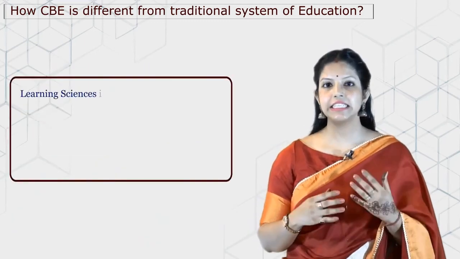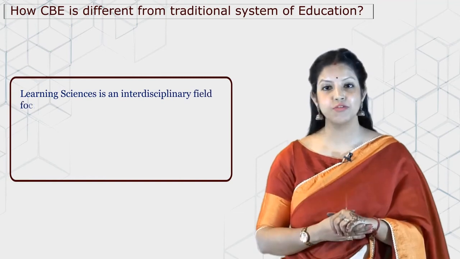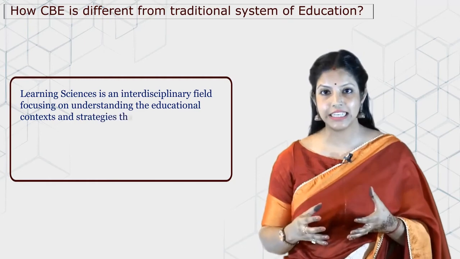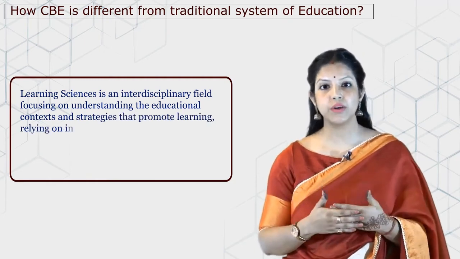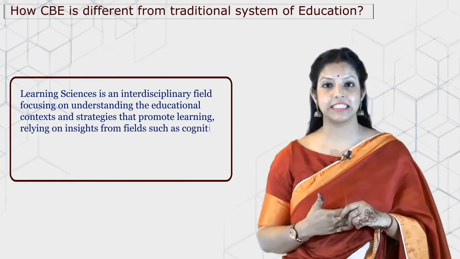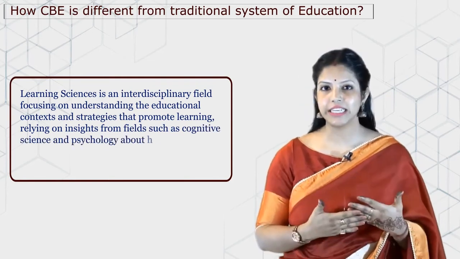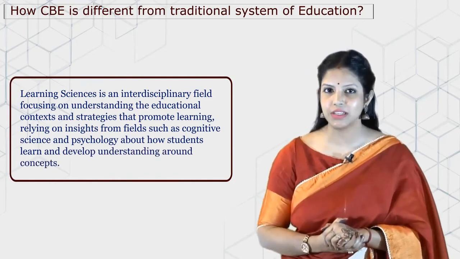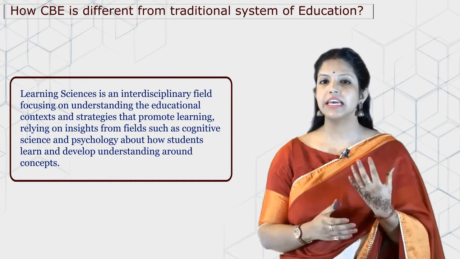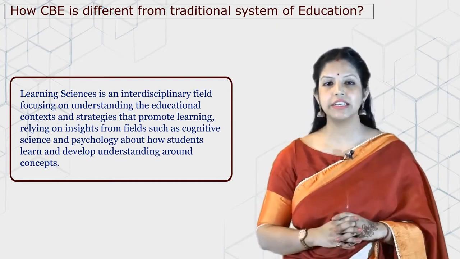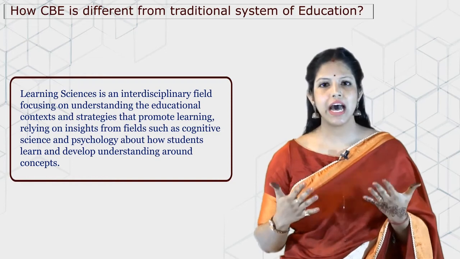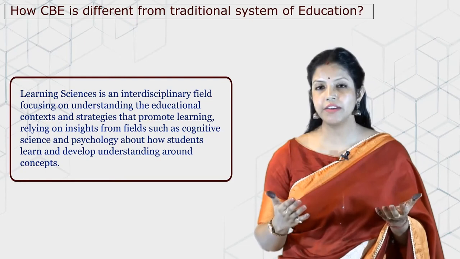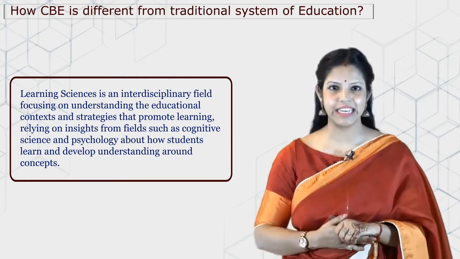Learning sciences is an interdisciplinary field focusing on understanding the educational contexts and strategies that promote learning, relying on insights from fields such as cognitive science and psychology about how students learn and develop understanding around concepts. For example, in CBE, classroom instruction integrates the research from how students learn and process information and what kinds of learning environments support effective learning.